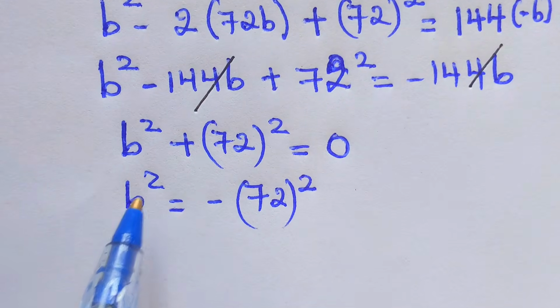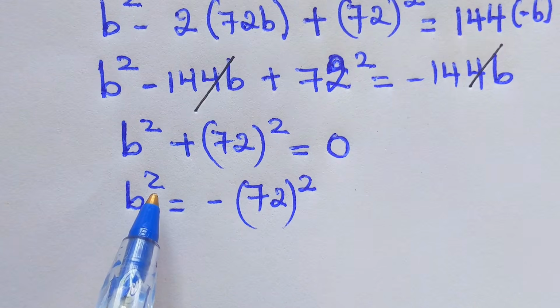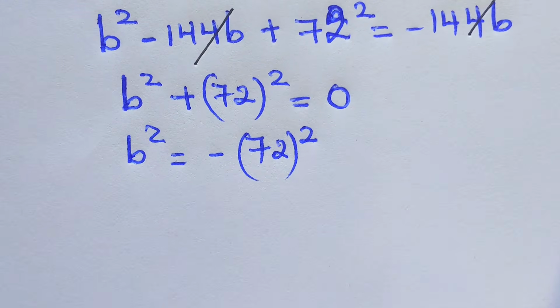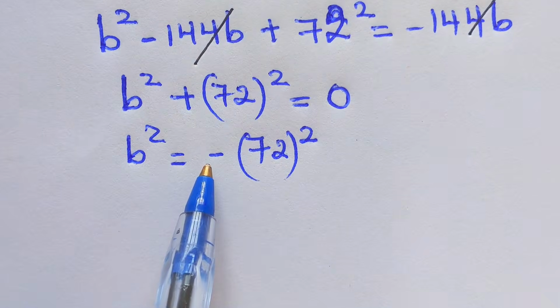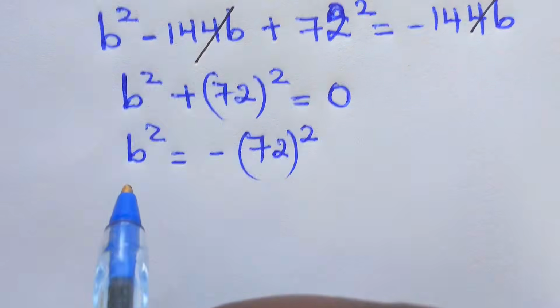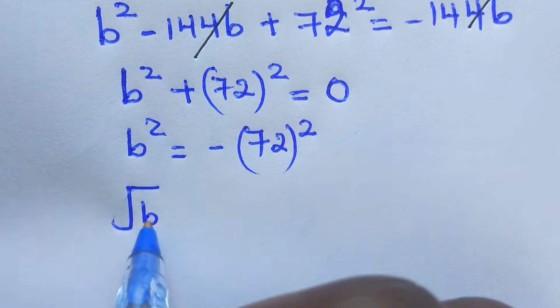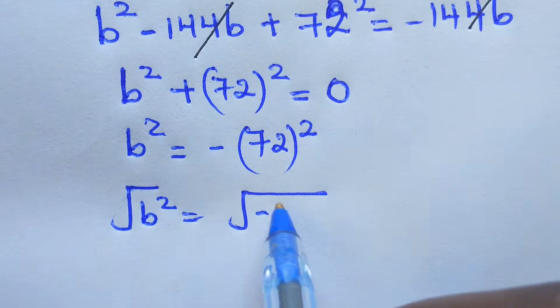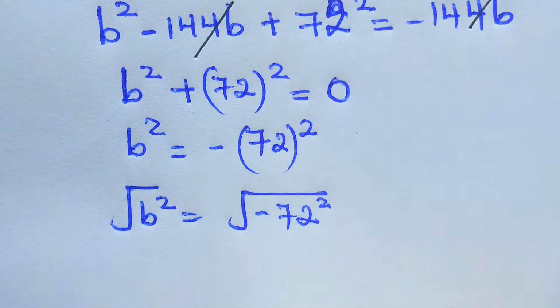We want to remove the square, so we take the square root of b squared, which is the square root of negative 72 squared.